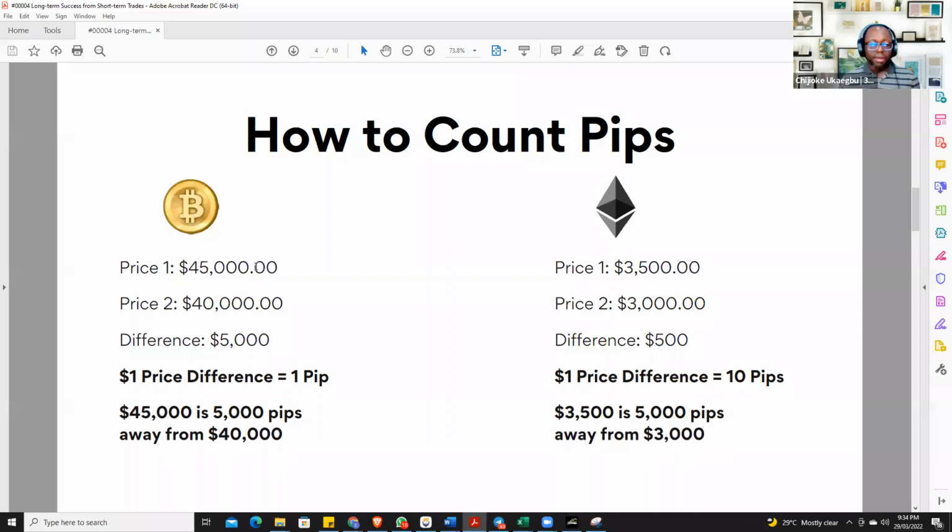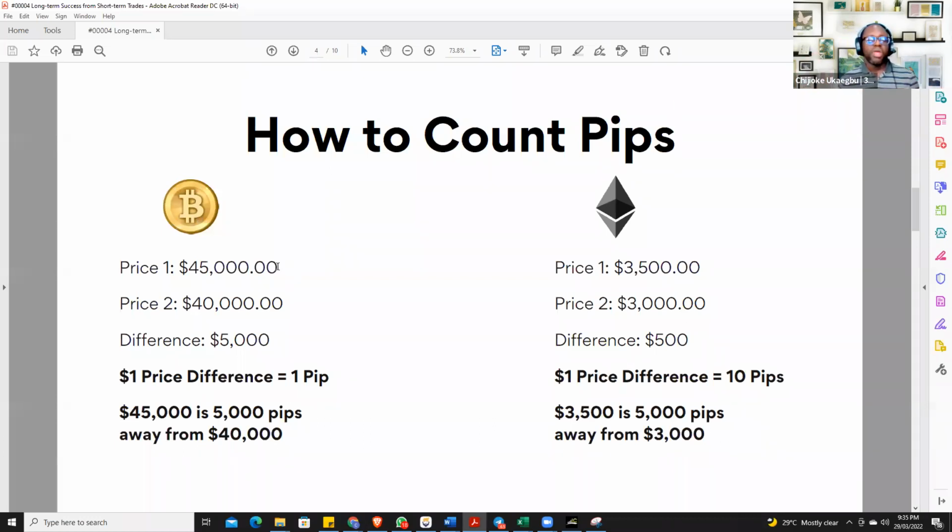We are looking at two different prices and we want to calculate the distance between the prices in something called pips. You need to get used to this terminology, what a pip is. Focus all your attention right now on Bitcoin. Do not think about anything else.